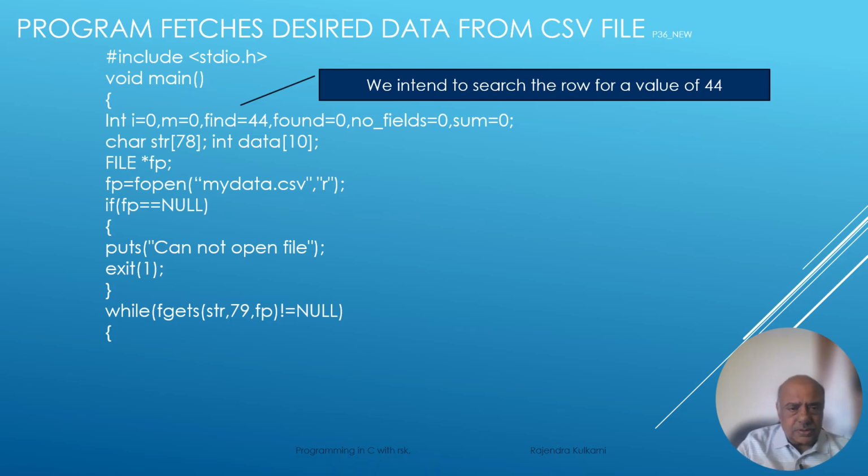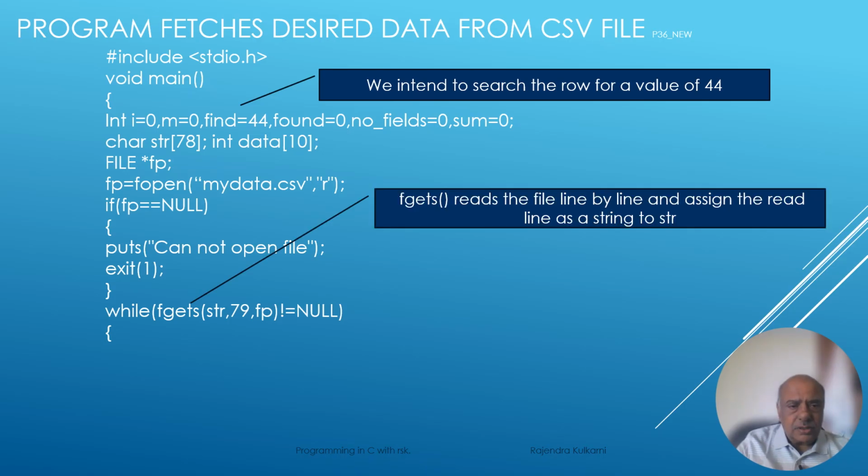This fgets(str, 79, fp) function is also declared in stdio.h. fgets reads the file line by line and assigns the read line as a string to str.